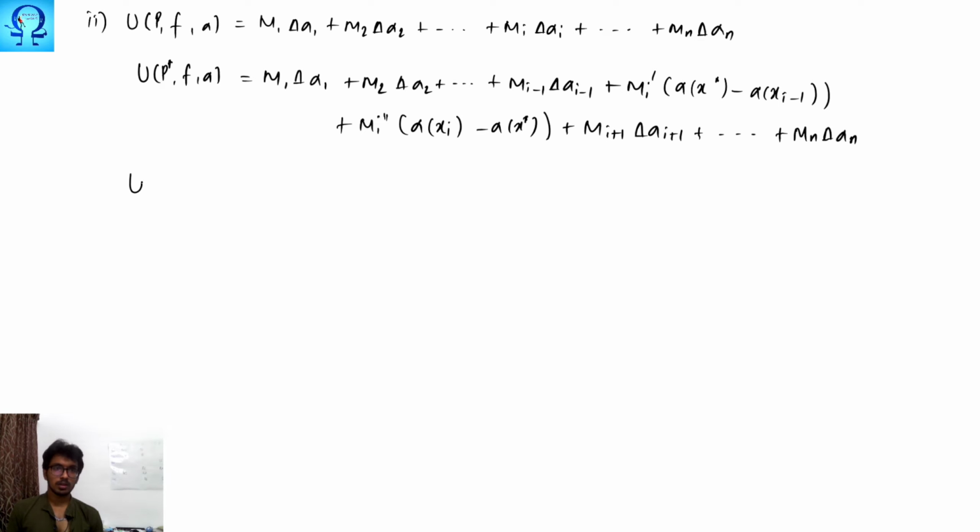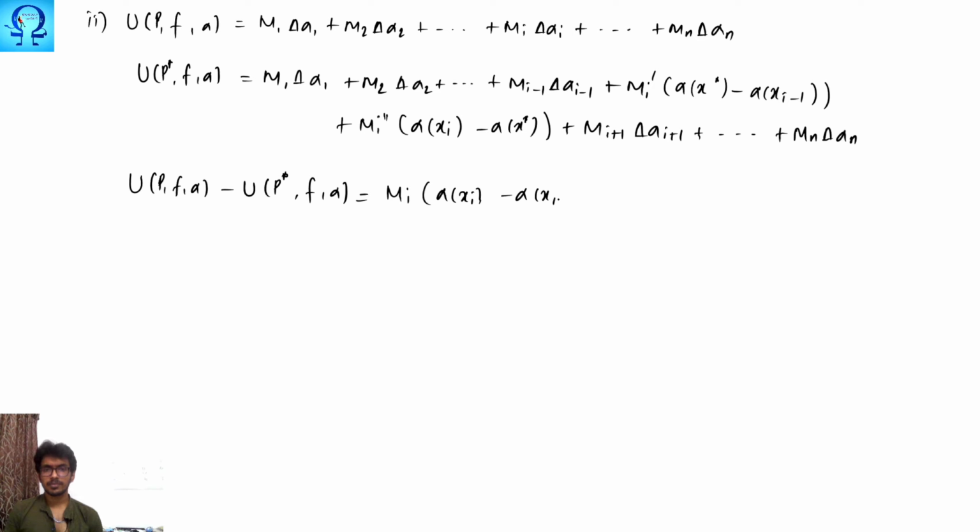Now your UPF alpha minus UP star F alpha, the things get cancelled and we'll be left with what? Simply mi times of alpha of xi minus alpha of xi minus 1, minus mi prime of alpha of x star minus alpha of xi minus 1, minus mi double prime of alpha of xi minus alpha of x star.